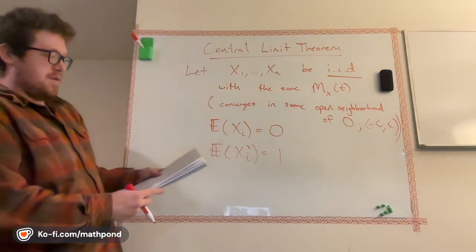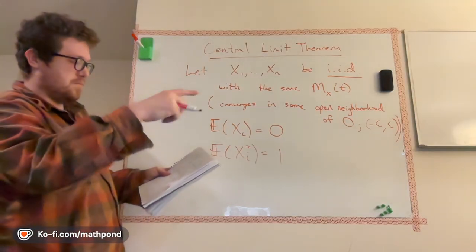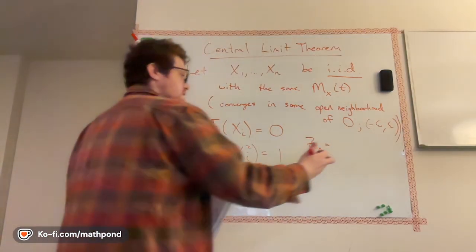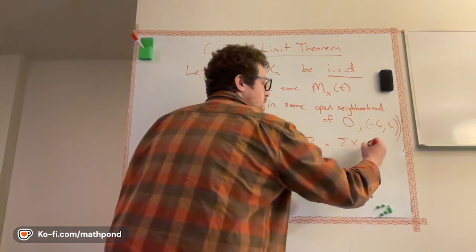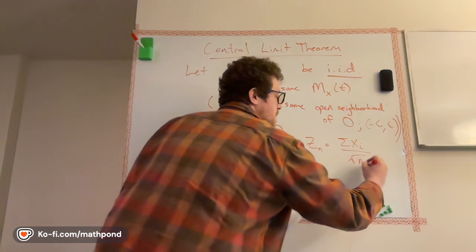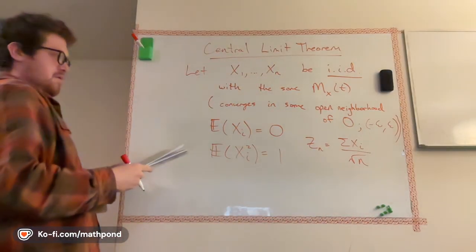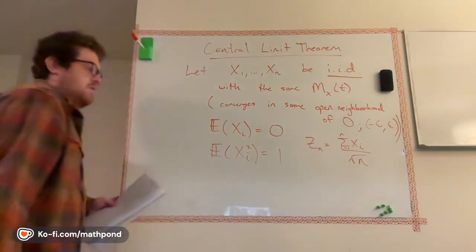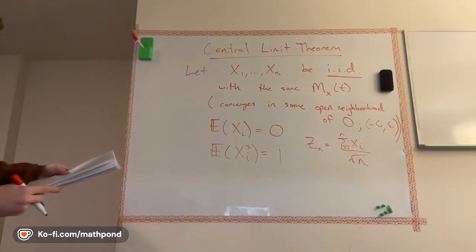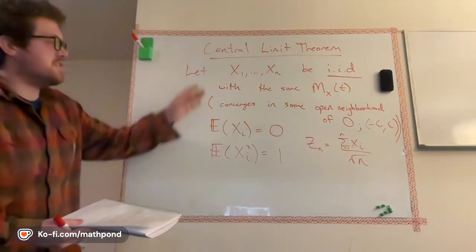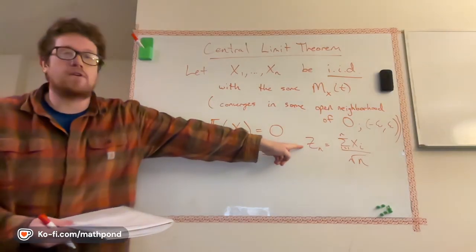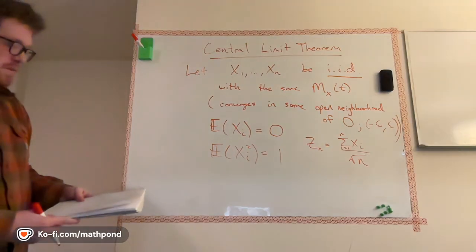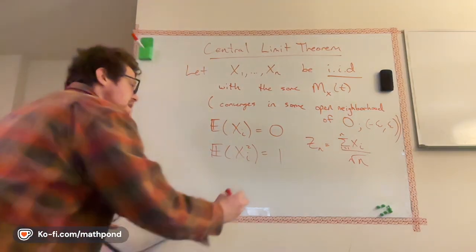a new variable, which is this basically normalized sum, Zn. This is just the sum of the Xi's, and then I divide by the square root of n. So the statement of the central limit theorem is that this variable converges in distribution to the standard normal variable, which we write as N(0,1).